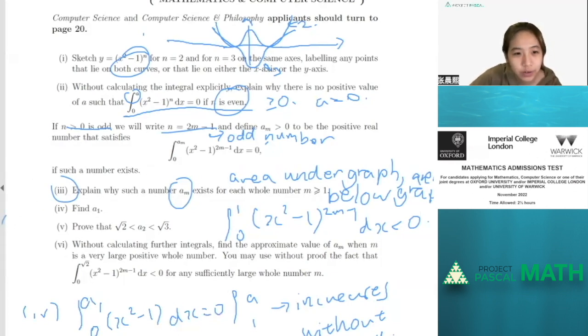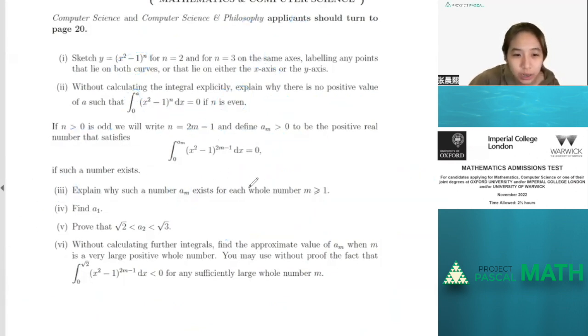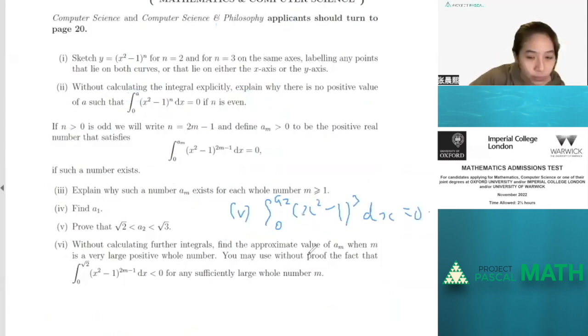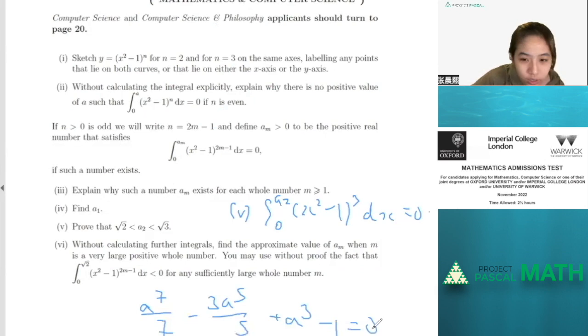Okay, I probably should erase everything because it gets a little bit complicated. Now they want you to find what a2 is. So it's the integral from 0 to a2 of x squared minus 1 to the power 3 dx equals 0. This gives you a to the power 7 over 7 minus 3a to the power 5 over 5 plus a to the power 3 minus a.